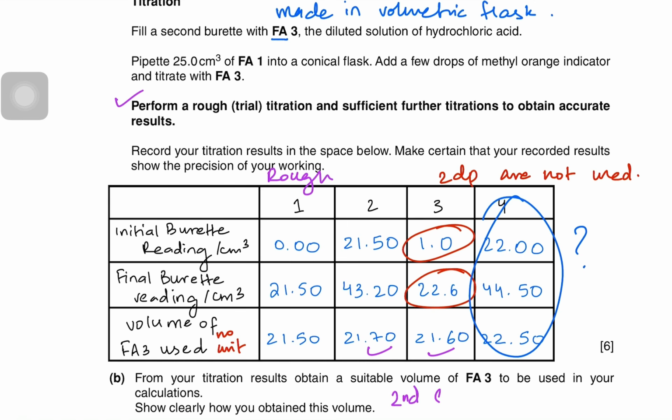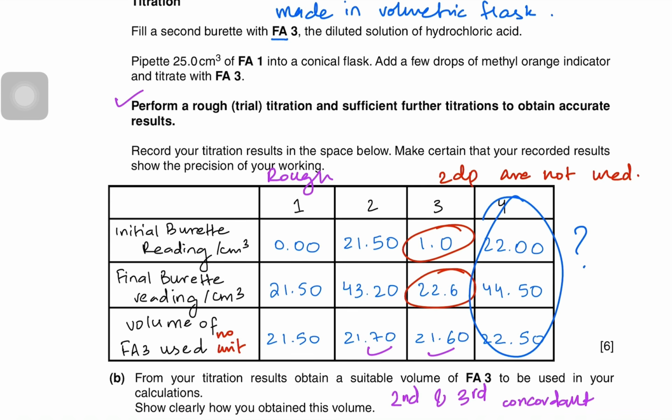Second and third were concordant. They were within 0.10 range. So why was the fourth titration done? And that will be penalized by not gaining a mark. So do not perform extra titrations because you will lose marks.